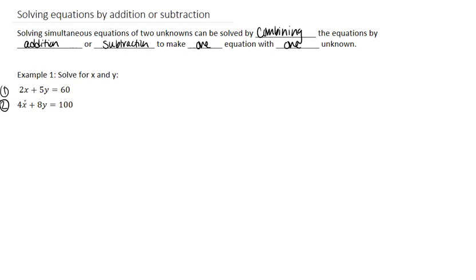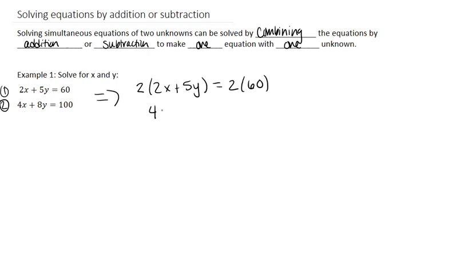When we look at this, we see we have 2x and 4x. So what I would do first is multiply equation 1 by 2. So you would go 2 times 2x plus 5y, and then 2 times 60, because we multiply both sides by 2.